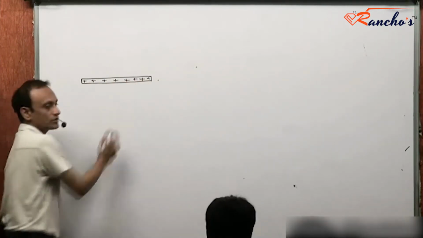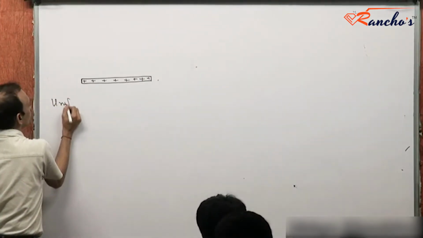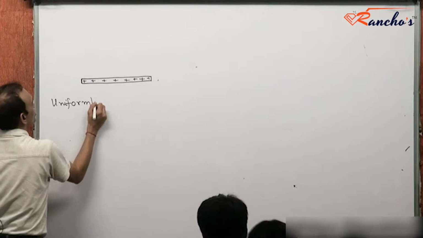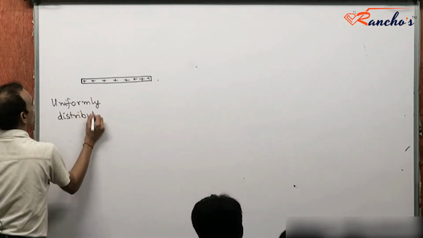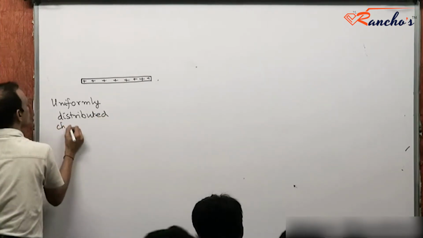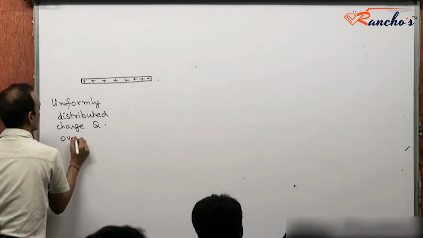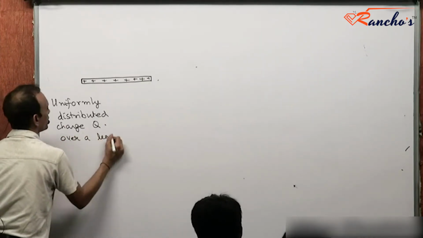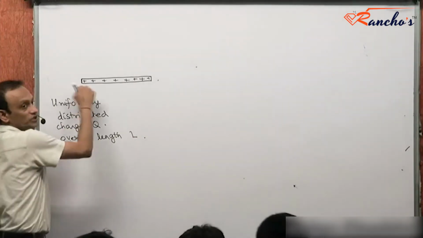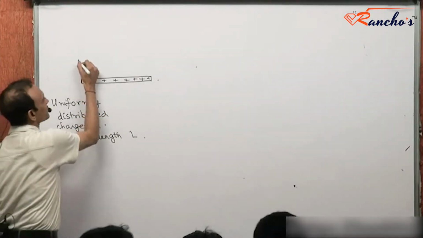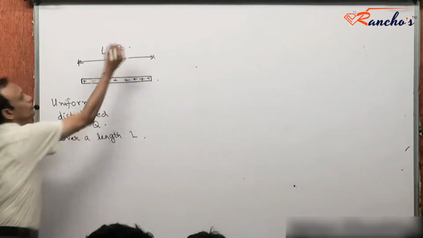This is a linear collection of charge, a uniformly distributed charge, capital Q over a length L. On this length L I have charge Q uniformly distributed.